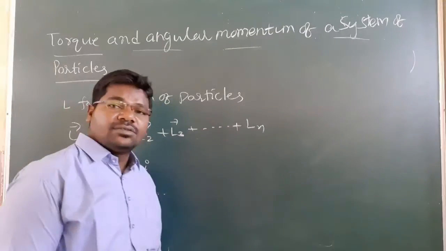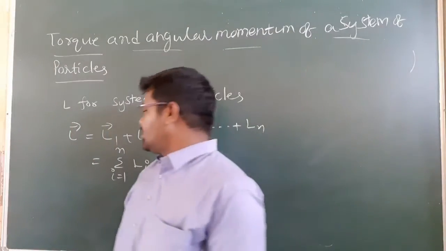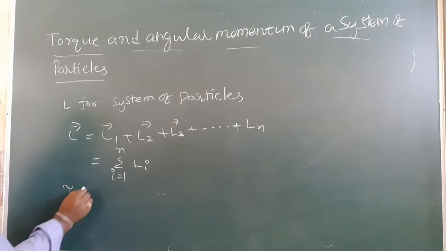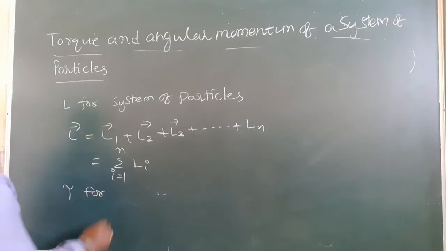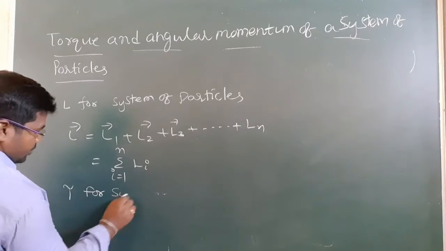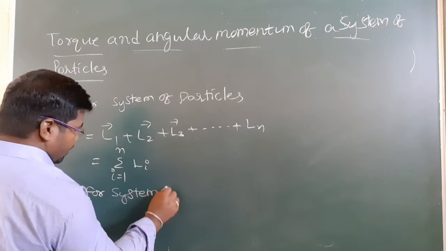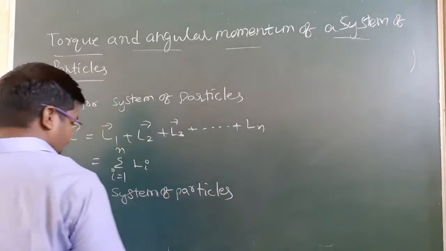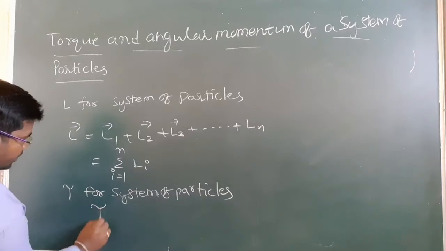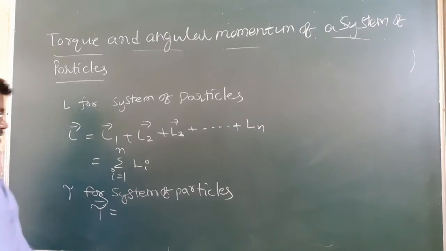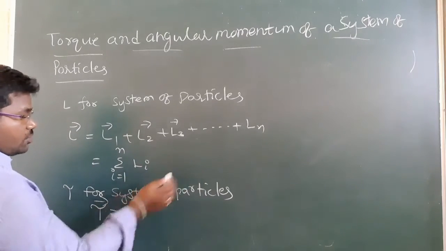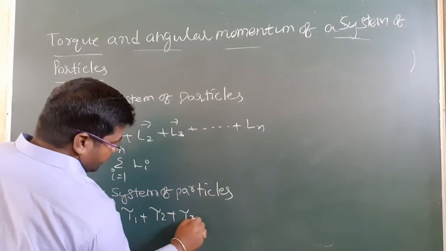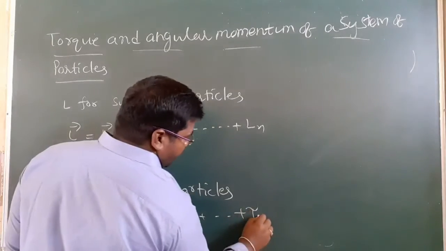Then we know the torque. So tau for a system of particles: the total torque is equal to the sum of all torques due to different particles, tau 1, tau 2, tau 3 and so on, tau n.